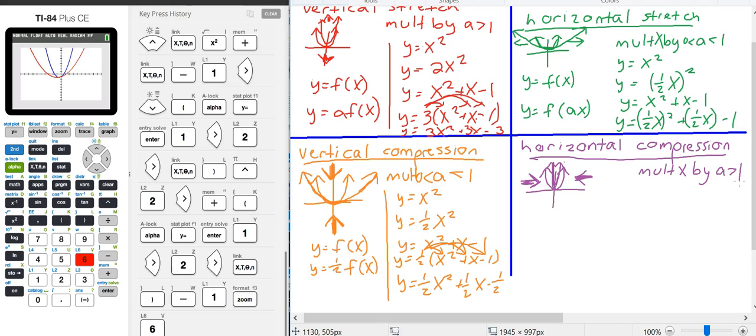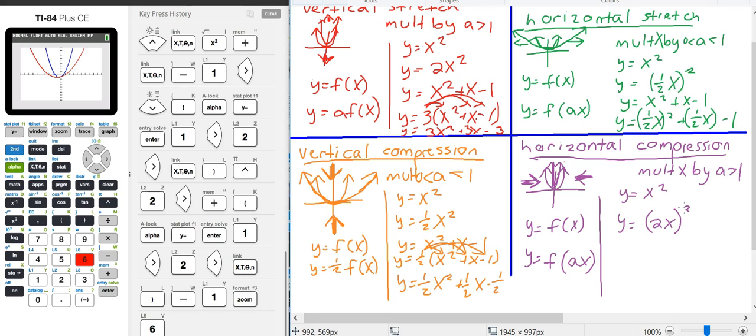So let's say we have our function y equals f of x. To compress this function horizontally, this would become y equals f of a times x, where a is greater than 1. Let's look at an example. Let's say we have y equals x squared. In order to compress this horizontally, we would multiply just the x by, let's say, 2.